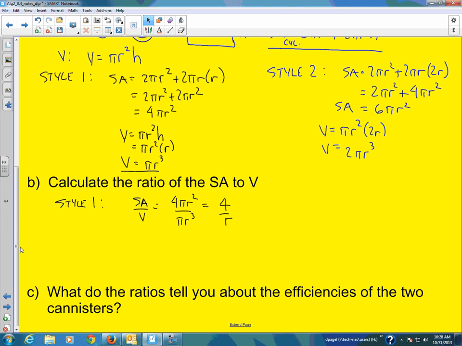For style 2, our surface area to volume ratio would be 6 pi r squared over 2 pi r cubed. And this becomes 3 over r.